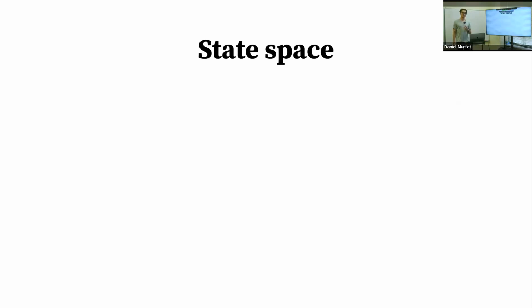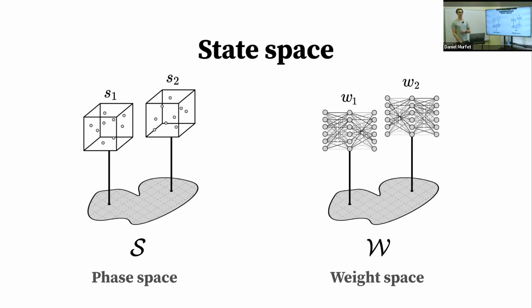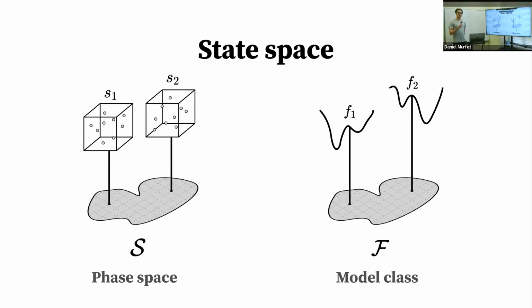And so once you have this notion of microscopic states, you can create a space of these things, right? So certain particle configurations are closer together. It takes fewer changes to bring them from one to the other. And the same is true for neural networks. So you can imagine that two networks that differ only in one weight are closer together than others. And so you can define measurable spaces from this, where you can actually compute expectation values over these microscopic states. In the case of neural networks, we have other notions of what might constitute the microscopic state besides weights.